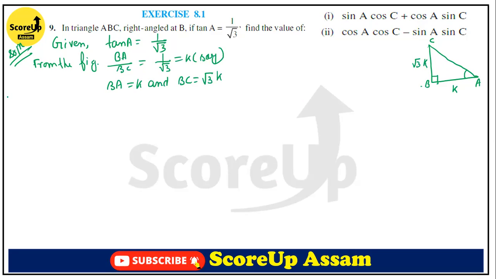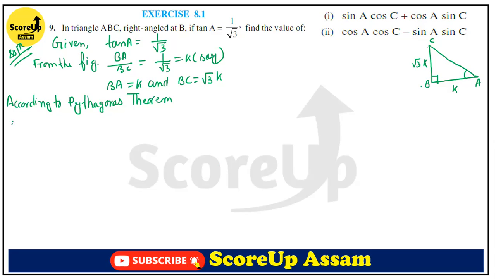Now according to Pythagoras theorem, hypotenuse square is equal to sum of perpendicular square and base square.